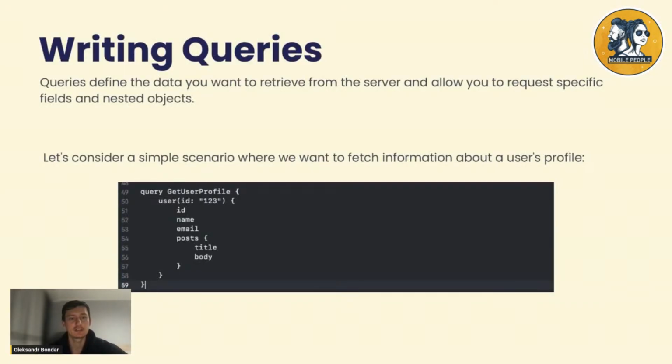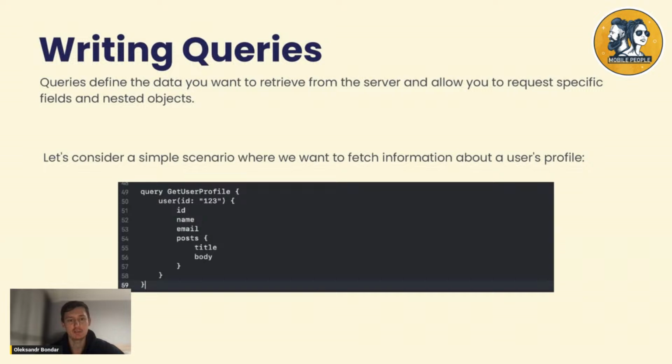Let's look closer at queries. It's defined with the query keyword. Then you have a query name, which can be any name, and then you should follow the name from your schema, for example, a user. This query can contain different types of arguments.